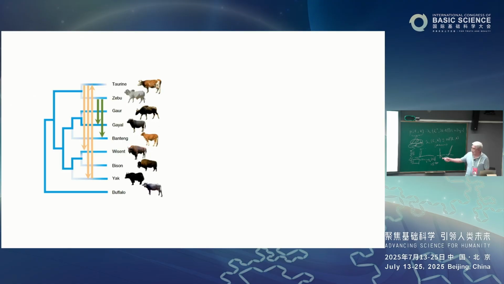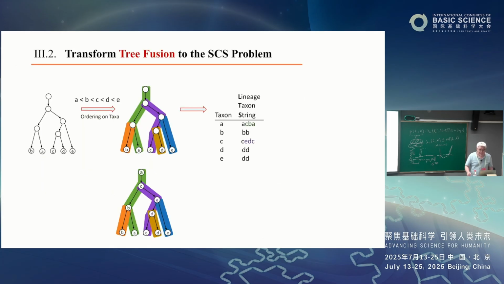And this one is also tree child. In fact, there's a program called TreeMix used in studying population genetics. That program always outputs tree child networks. So this is how we transfer the tree fusion into an SCS problem.